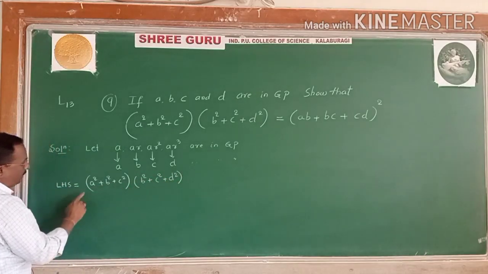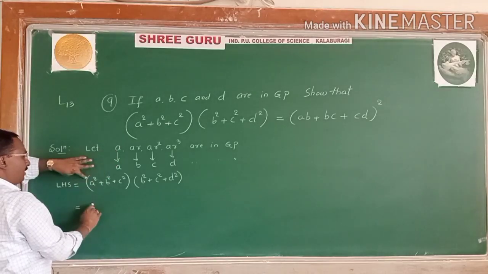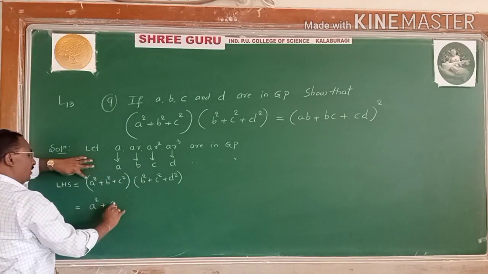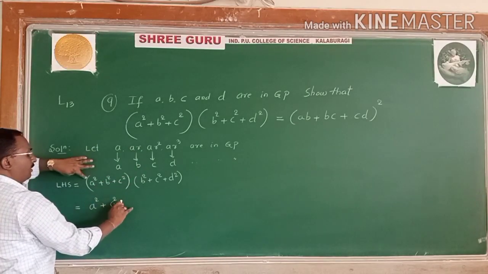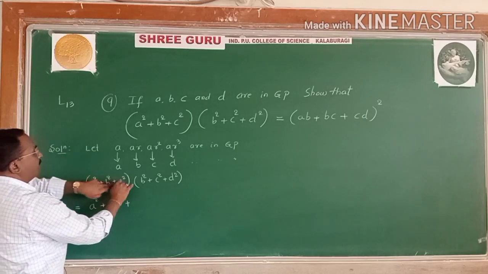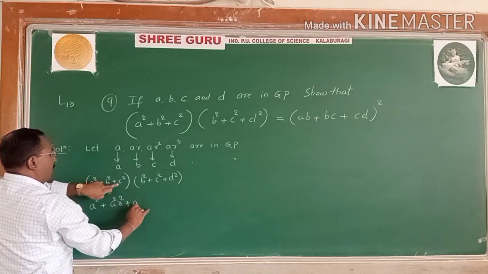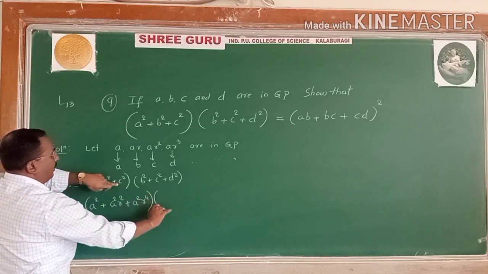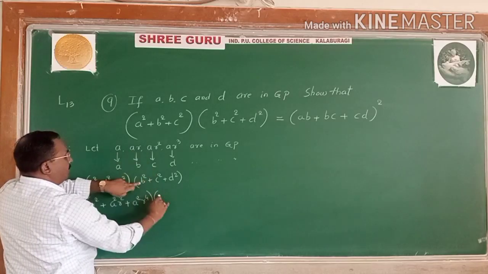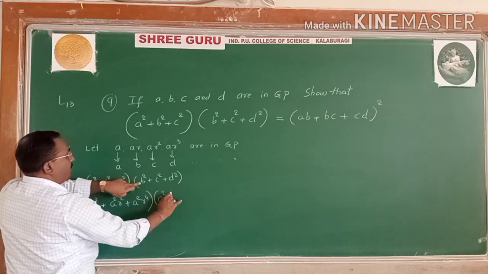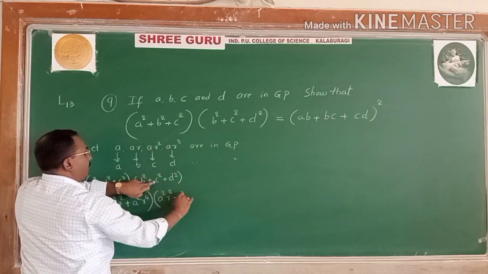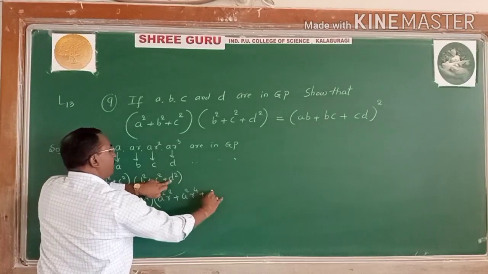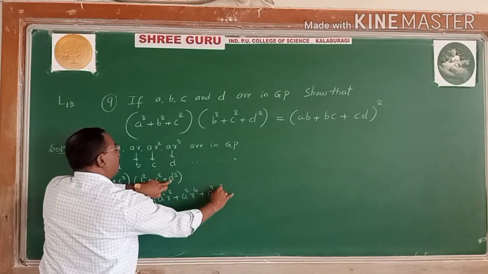Here a is a, in the form of square, plus b is a into r, in the form of square, a square r square, plus c is a into r square, a square r to the power 4, into bracket b square, b is a square r square, plus c square, a square r to the power 4, plus d square, a square r to the power 6.